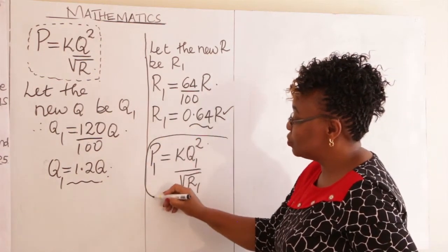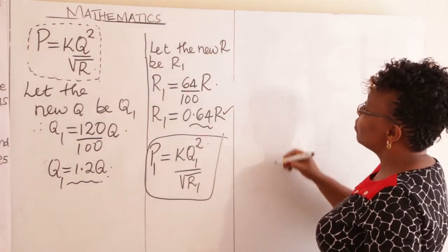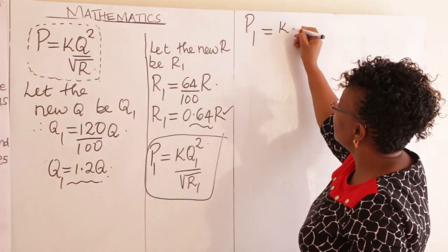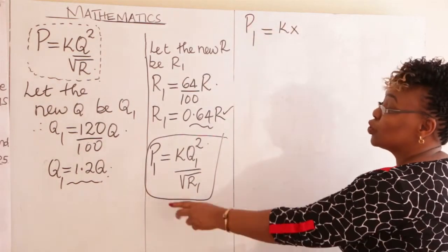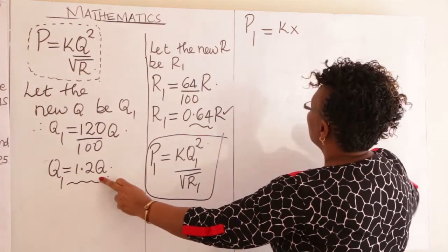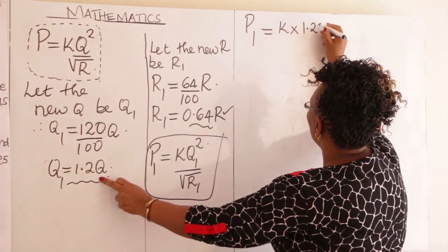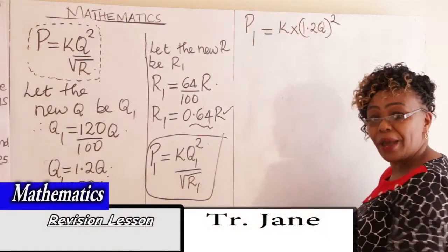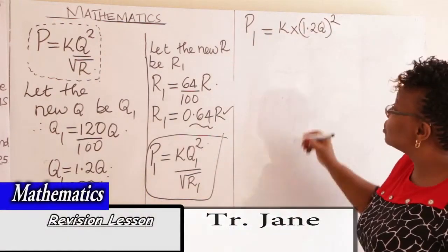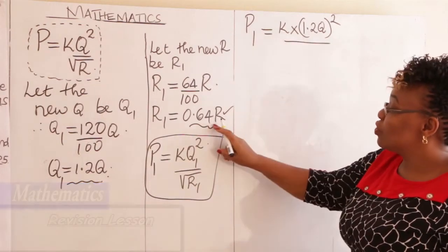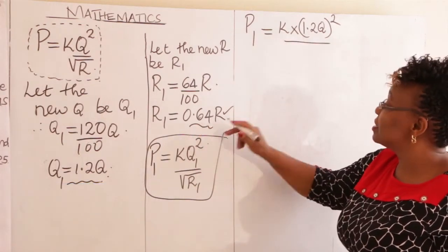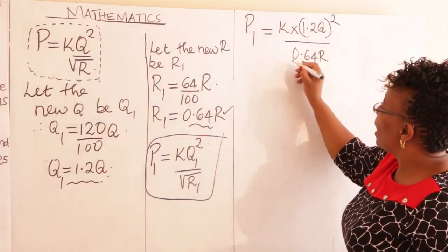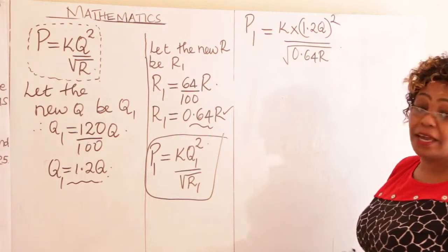The new P should be given by K times your new Q, which is 1.2 Q, and because it is squared, you square. Divide by your new R, which is 0.64 R, and there is a square root sign there.